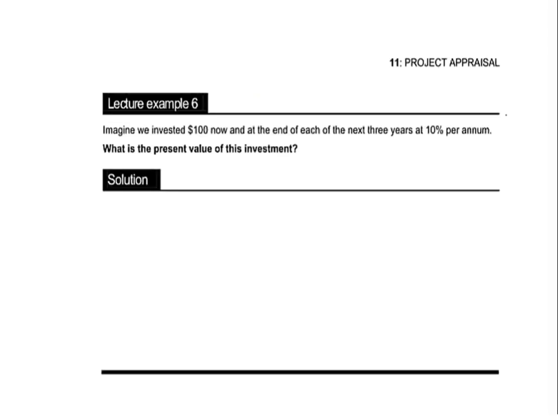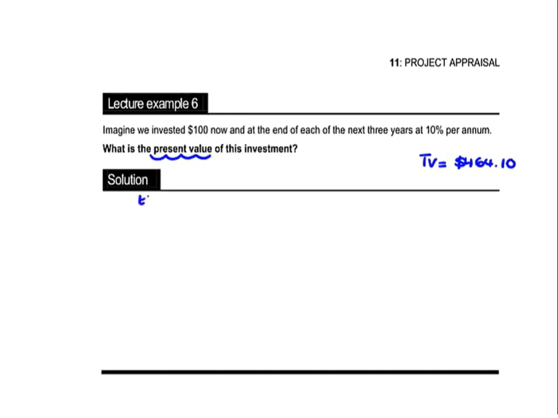What we're going to be seeing now then is the reverse of lecture example 3, where we're going to be working out how much the present value of the investment is. So in worked example 3, we saw that the terminal value of that $100 being invested was $464.10.